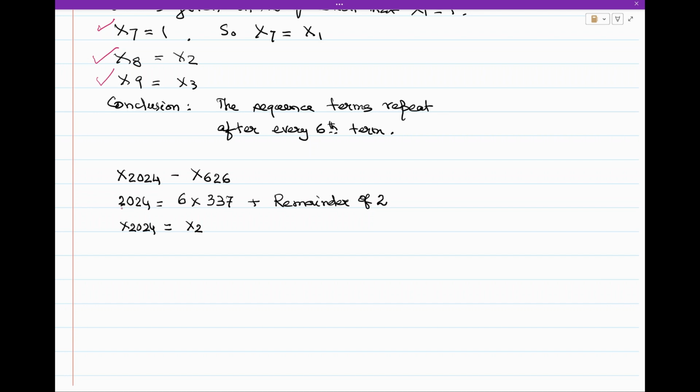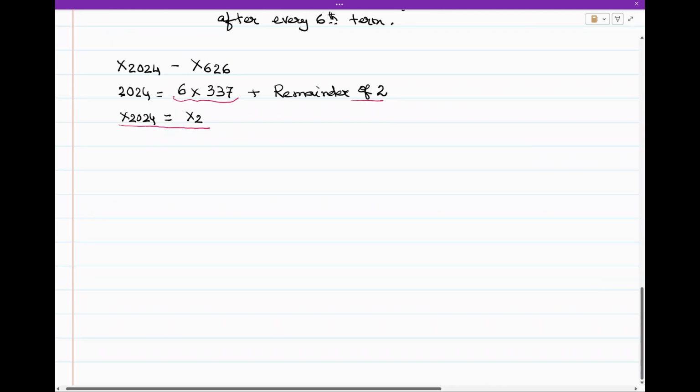So since 2024 is 6 times 337, then after an iteration of 337 times, the terms will again start as x1 and x2. And because there is a remainder of 2, x2024 will become the same as x2.